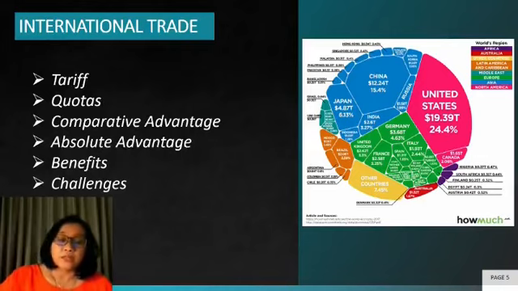We also learn about tariffs and quotas, where tariffs are taxes imposed on imported goods, making them more expensive and less competitive in the domestic market. While quotas are limitations on the quantity of a specific good that can be imported into a country.